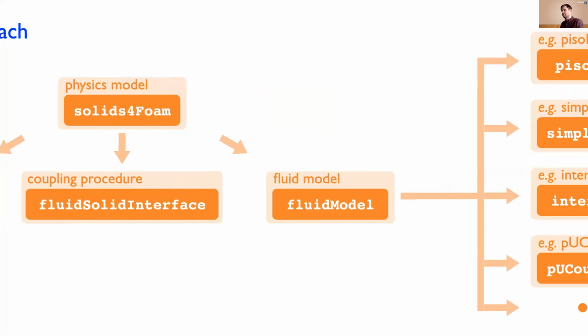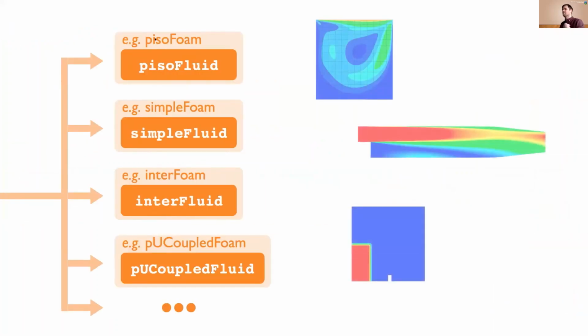For example, for the fluid model, the way we've named them, instead of pisoFoam, we just call it fluid. So it's a pisoFluid class. It's basically copy and paste of the pisoFoam code into a class. So we can just call a function solve, or we call it evolve.